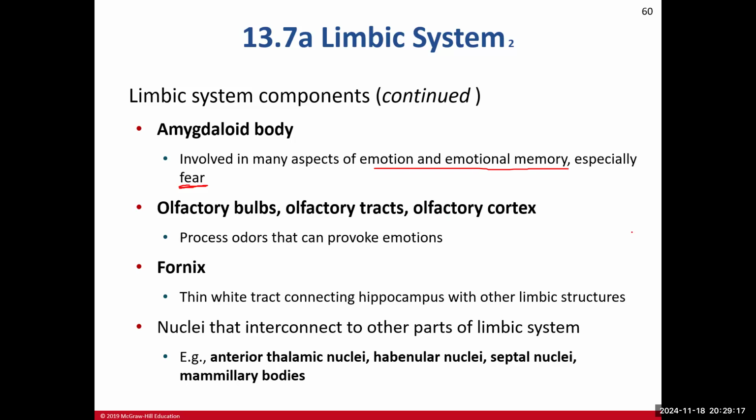All right. And then we have our fornix. Just think of the fornix as the structure that helps to connect various parts of the limbic system to the hippocampus. You can see the list of all these other structures here. I'm not going to require you to know that, but you have tons of structures that the fornix is going to connect the hippocampus to.